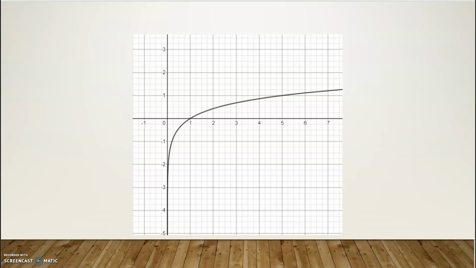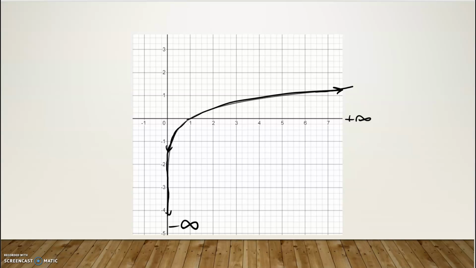And this is the graph of that function. Notice how the domain goes from 0, it gets really, really close to 0, and then it goes out to positive infinity for the x values. And then your range is just going to keep going down forever, so it's going down to negative infinity for the y values.